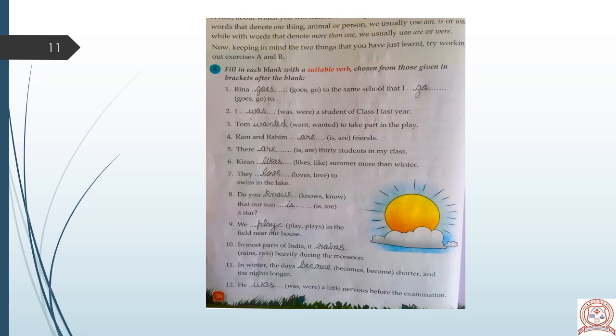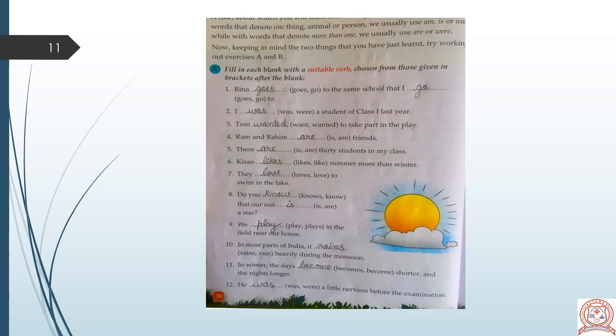We play in the field near our house. In most parts of India, it rains heavily during the monsoon. In winter, the days become shorter and the nights longer.